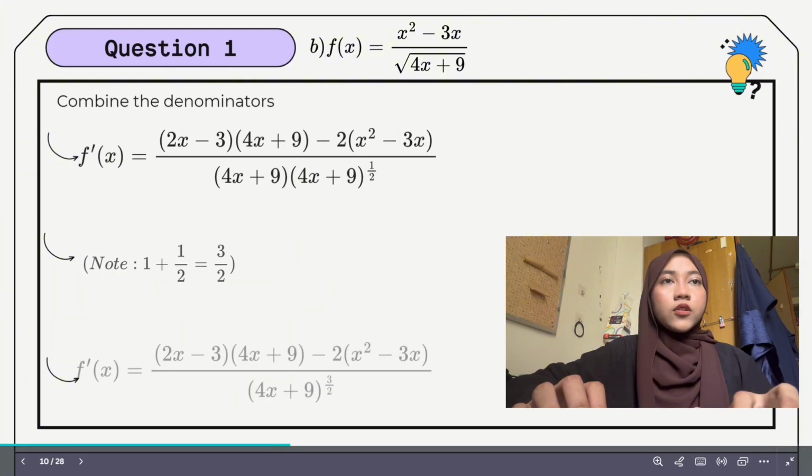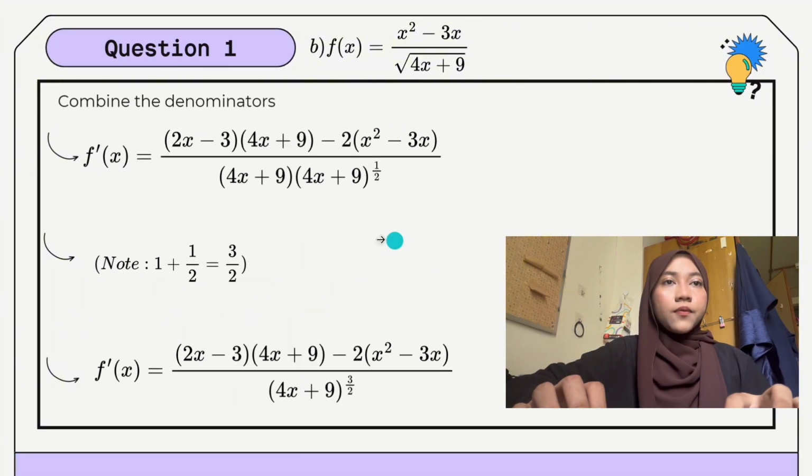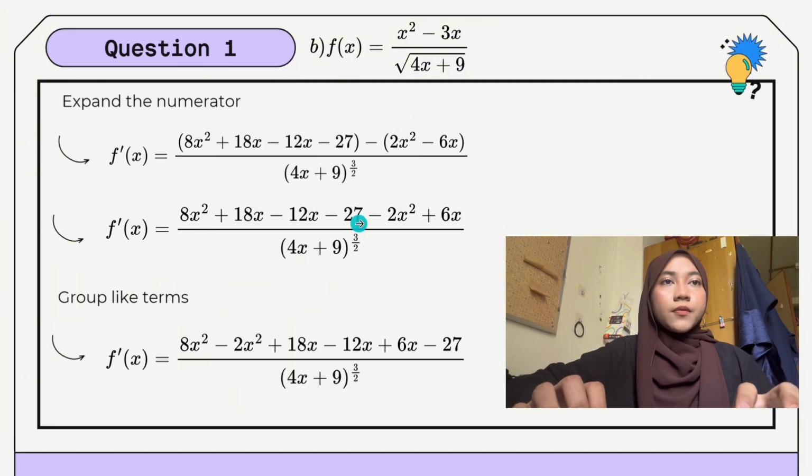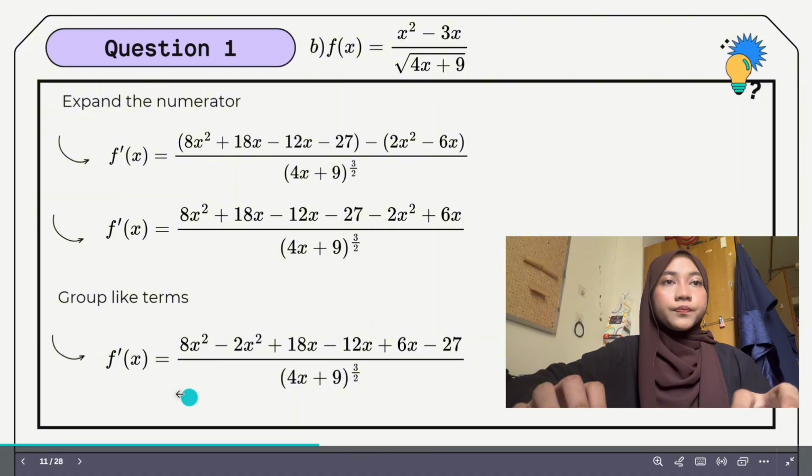Then we combine the denominator, and we expand the numerator, f prime is 8x squared plus 18x minus 12x minus 27 minus 2x squared minus 6x all over 4x plus 9 to the power of 3 over 2.